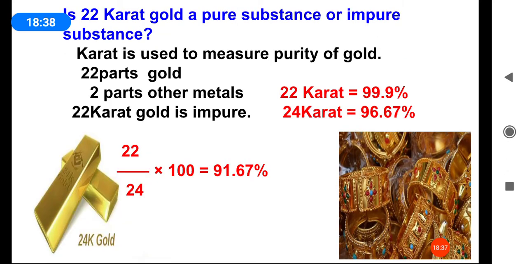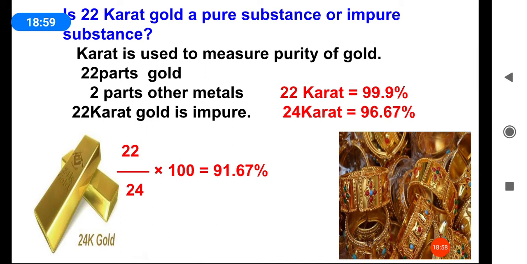Is 22 karat gold a pure substance or an impure substance? Karat is the term used to measure the purity of gold. 24 karat gold is also called pure gold or 100% gold.